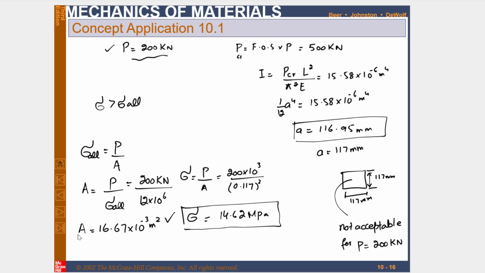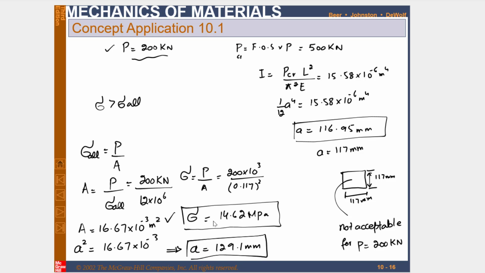Now since we have to choose the dimensions of a square, area will be equal to A square. So A square is equal to 16.67 into 10 raised to power minus 3. And when you solve it using a calculator, you will have A is equal to 129.1 millimeter.